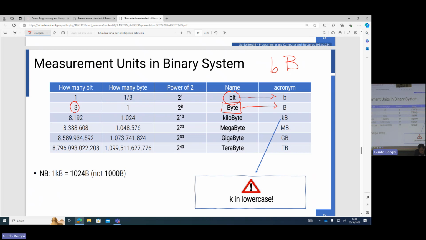Okay. Here we use the same prefixes that you use also in the decimal positional representation. So the prefixes kilo, mega, giga, terabytes, and so on. Okay, but we apply these prefixes with the bytes. Okay, not the decimal number. So in this case, we have kilobytes. We express kilobyte with the k B. Put attention, k is lowercase. Okay, k B, not uppercase.